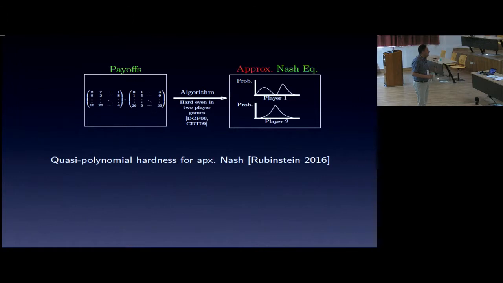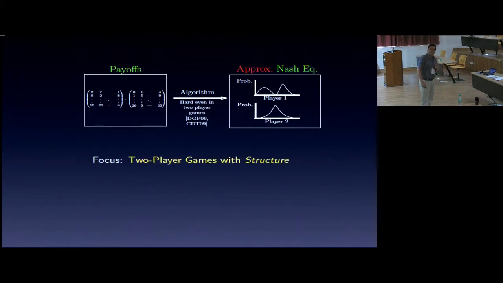Again, this is informal, I'll make it formal soon, but these are the heavy negative results that motivate us to consider games with structure. So the focus of our work is, can you find efficient algorithms if your underlying game is structured? I'll formally define what I mean by this, but the punchline is that, yes, if you have structured games in a formal sense, then you can, in fact, compute approximate Nash equilibria efficiently.